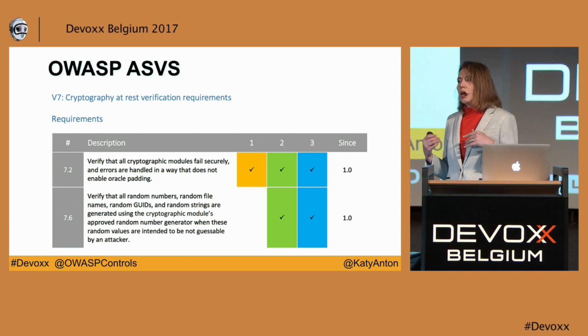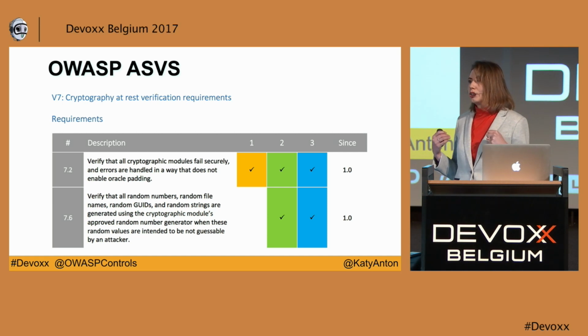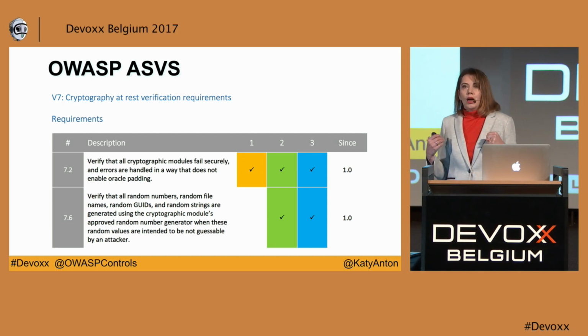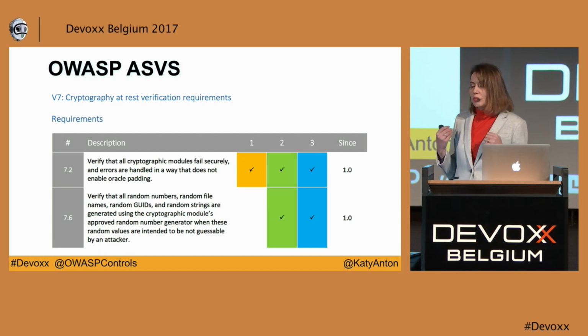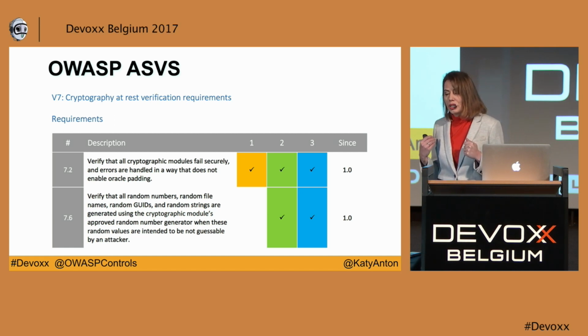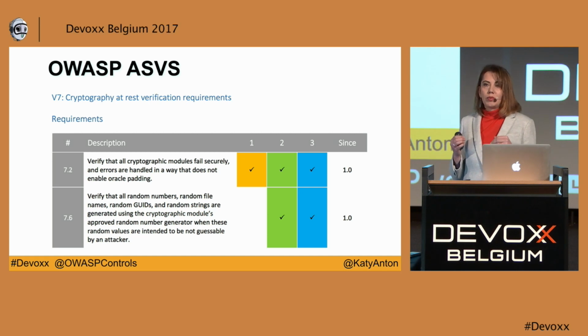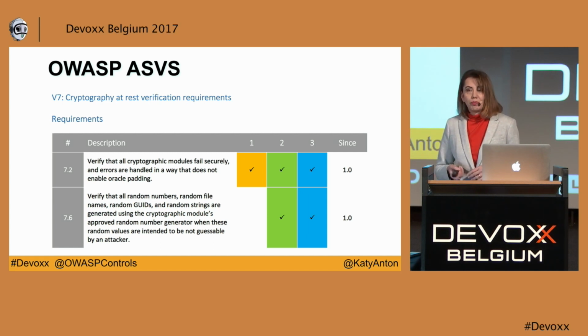Now, do you remember the breach that happened in the software powering the slot machines? So if, for example, requirement 7.6 was taken into account, which says that all the random number generators should be created using the cryptographic module's approved random number generator, then that type of flaw could have been avoided.